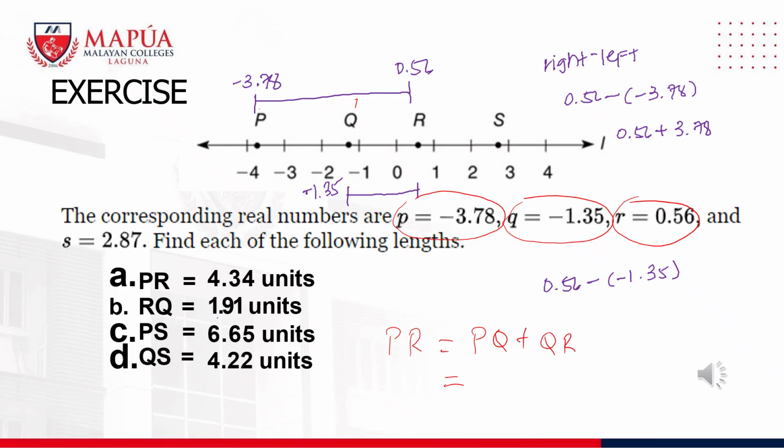Alright. Then P is negative 3.78, from 0, 3.78. So this is our P.